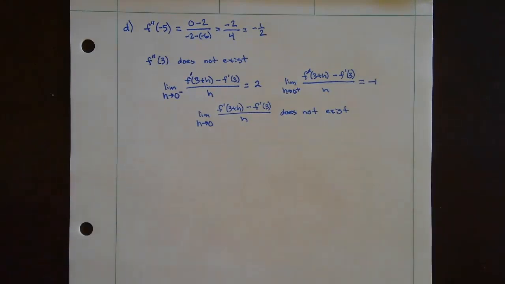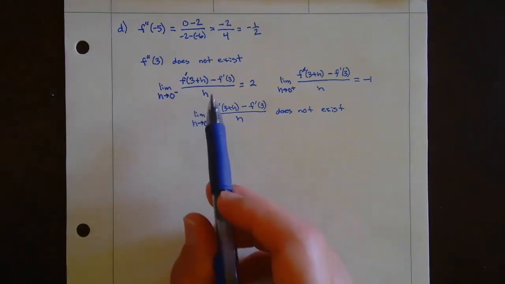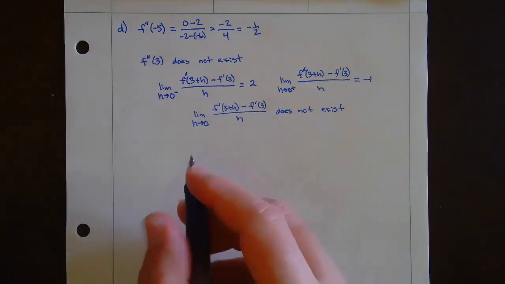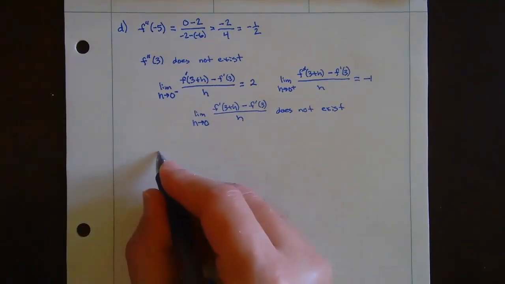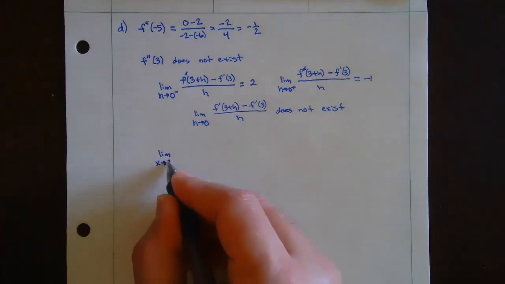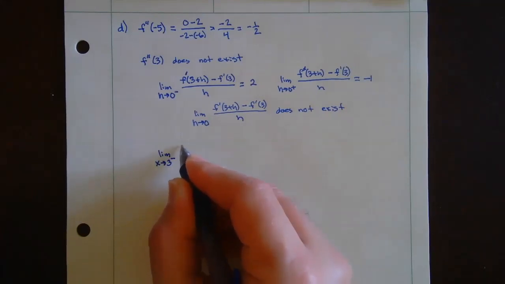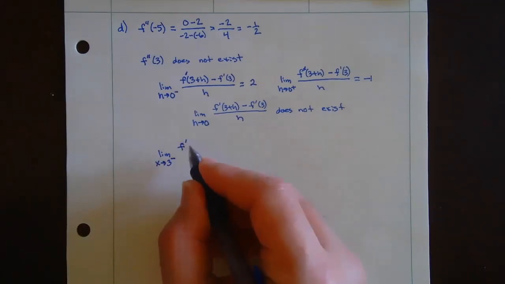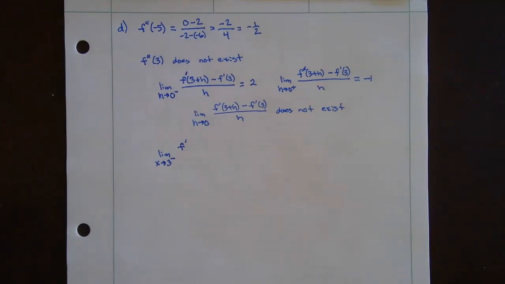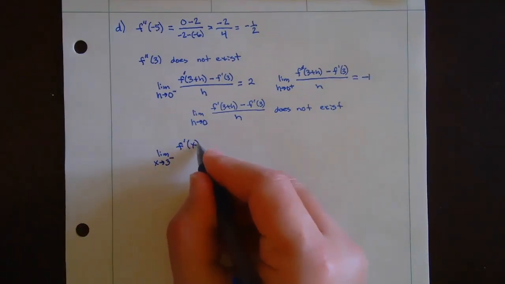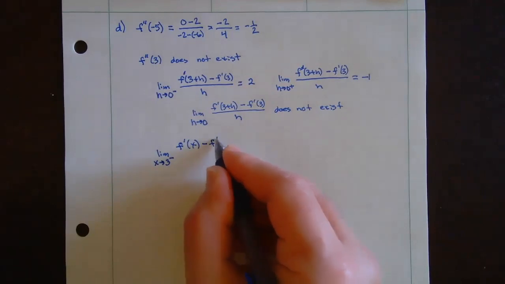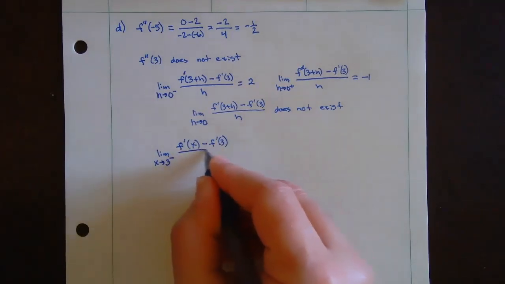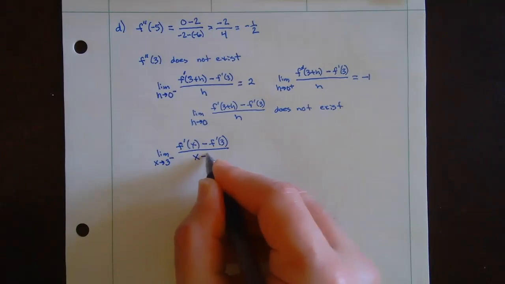So there's an alternative form for the definition of derivative. It's on your card stock. Another way of doing this is you could take the limit as x approaches 3 from the left of f prime of x minus f prime of 3 over x minus 3.